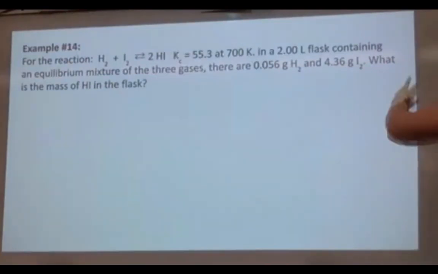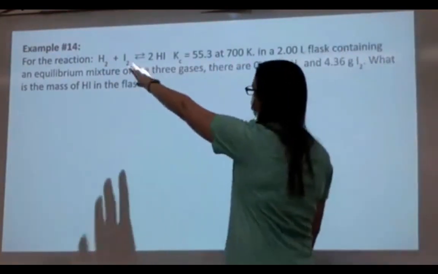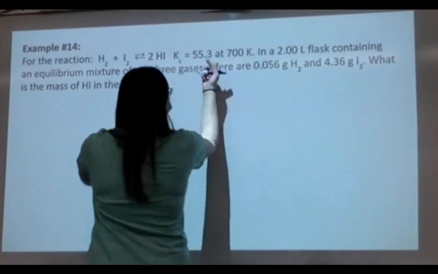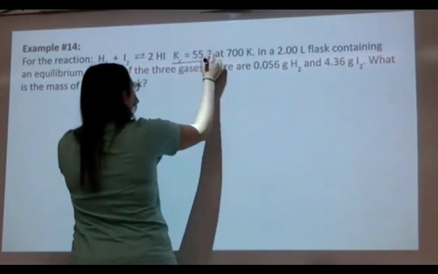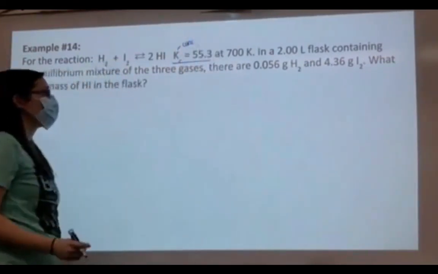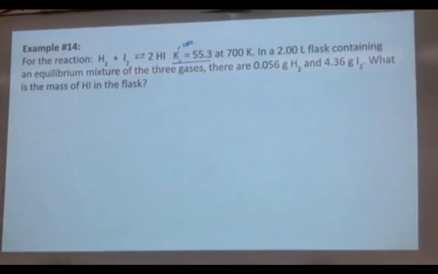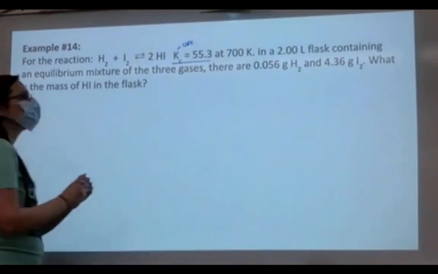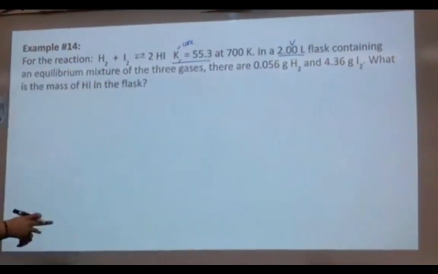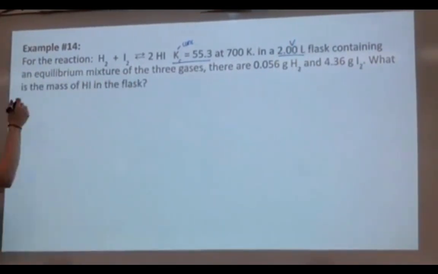Yes. So for this reaction, it's given here, so it's already balanced for us. Kc is 55.3. Kc means we're dealing in concentration. So if we want to use Kc, we have to use concentration. In a 2-liter flask, I'm just going to underline this and label it volume just in case, containing an equilibrium mixture.